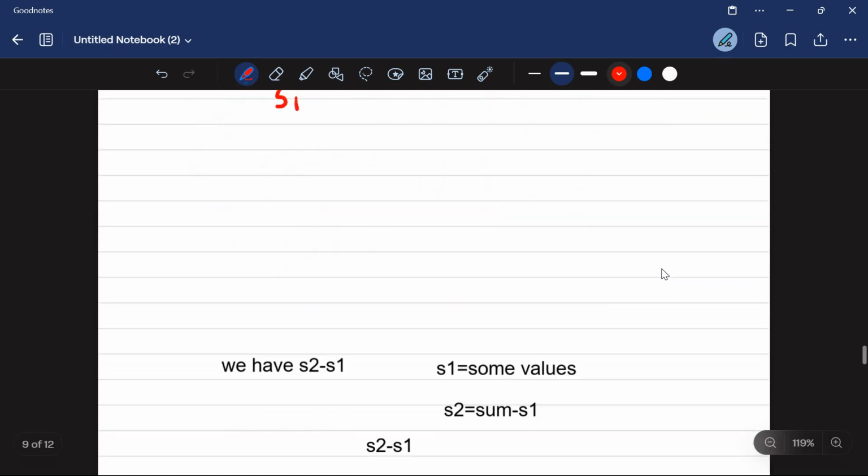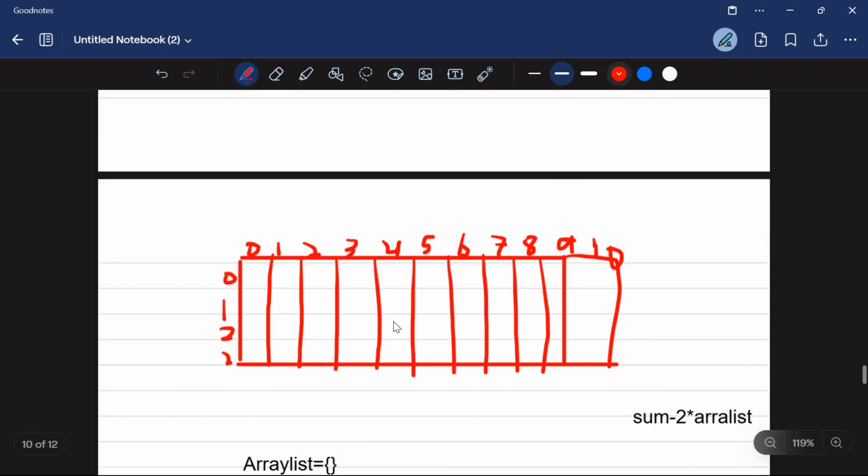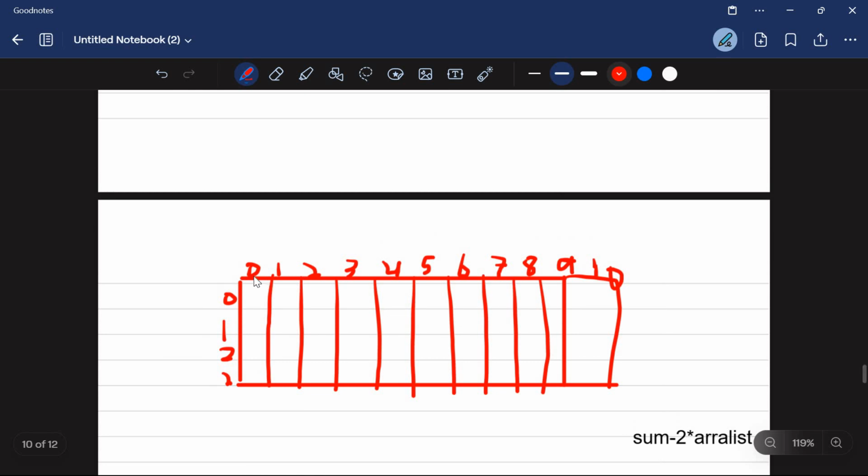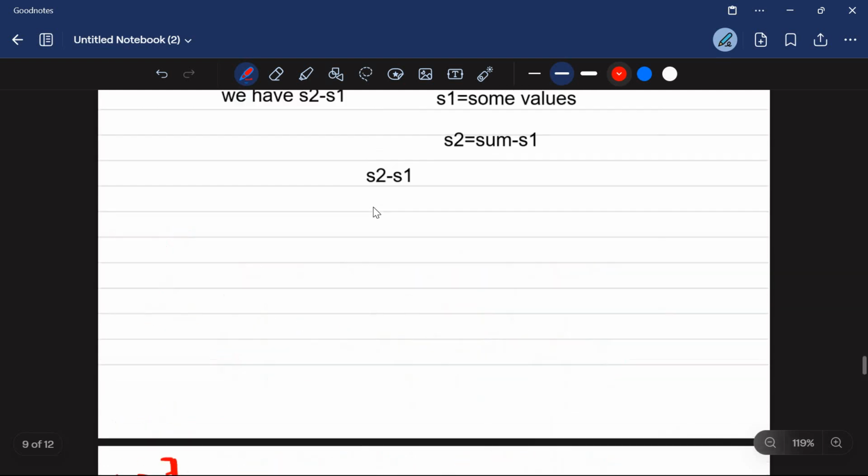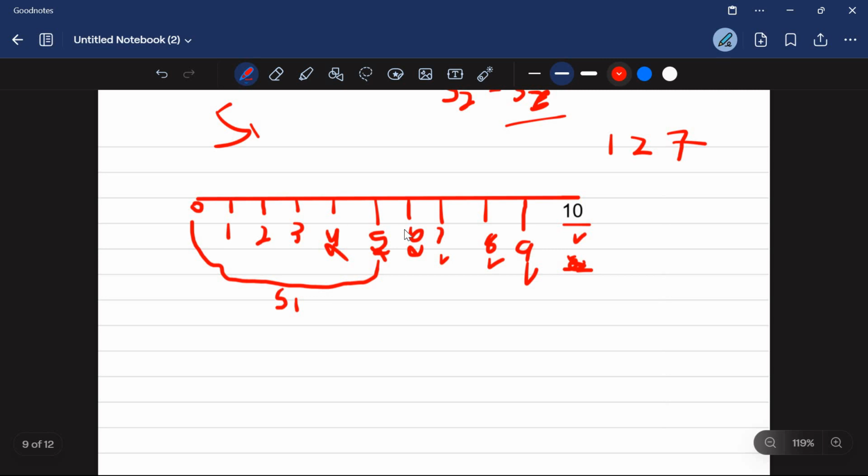I will show you. This is a matrix, so we have the array 1, 2, 7, and we require S1. The maximum S1 can be 5.